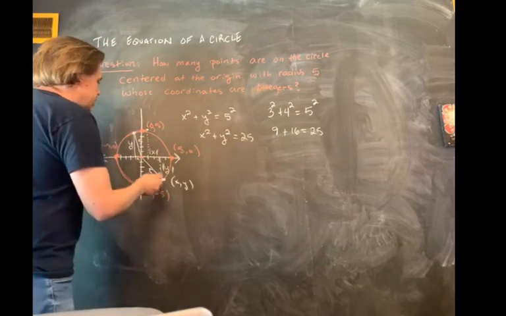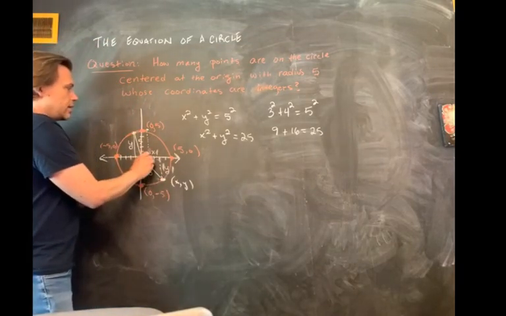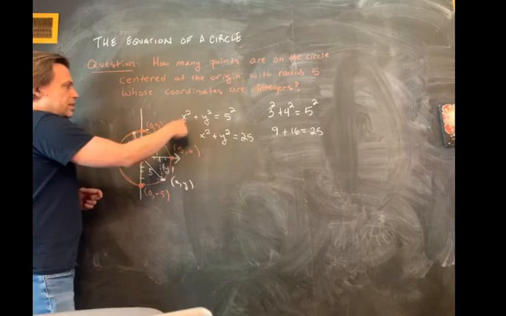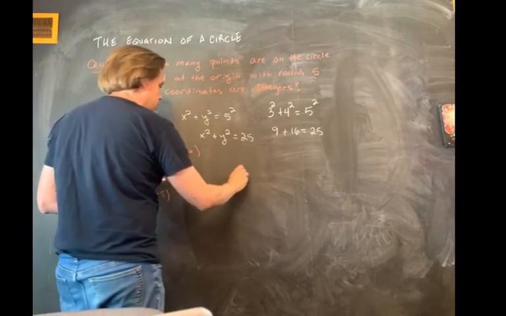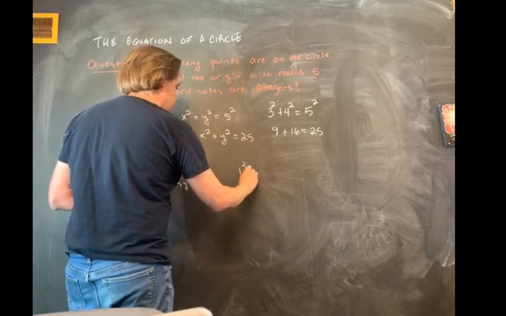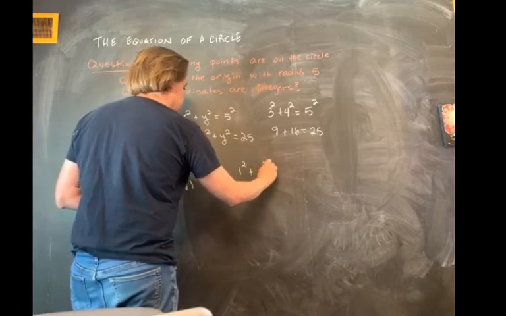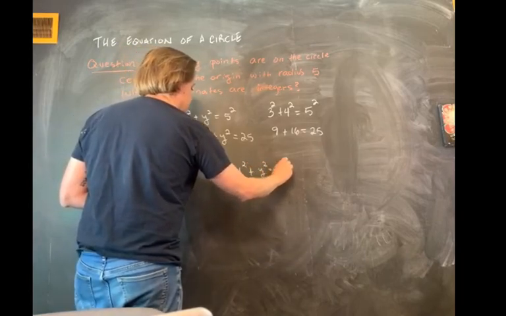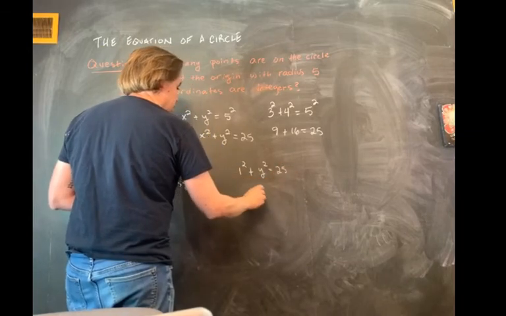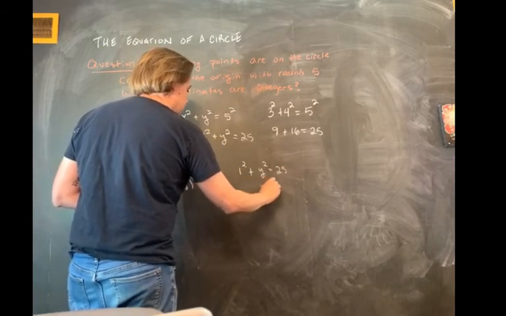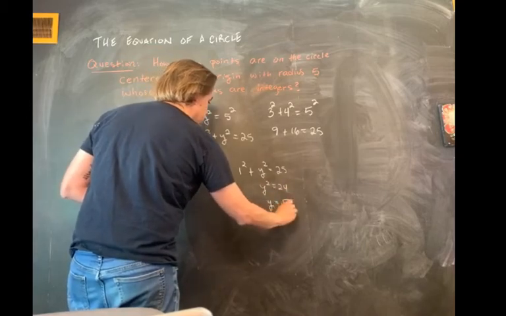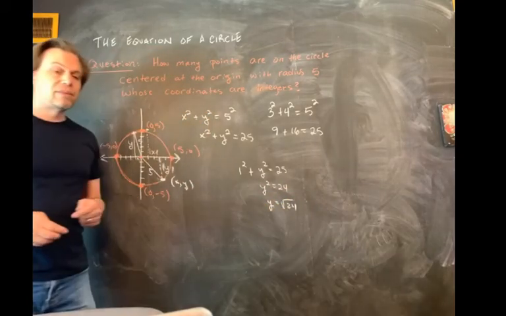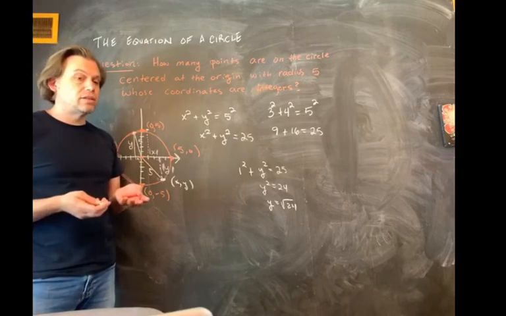So what are the other integers? There's 1. Well, if I solve that equation and replace x with 1, I do 1 squared plus y squared equals 25, I get y squared equals 24, and y is the square root of 24. 24 is not a perfect square, so it's not going to be an integer.